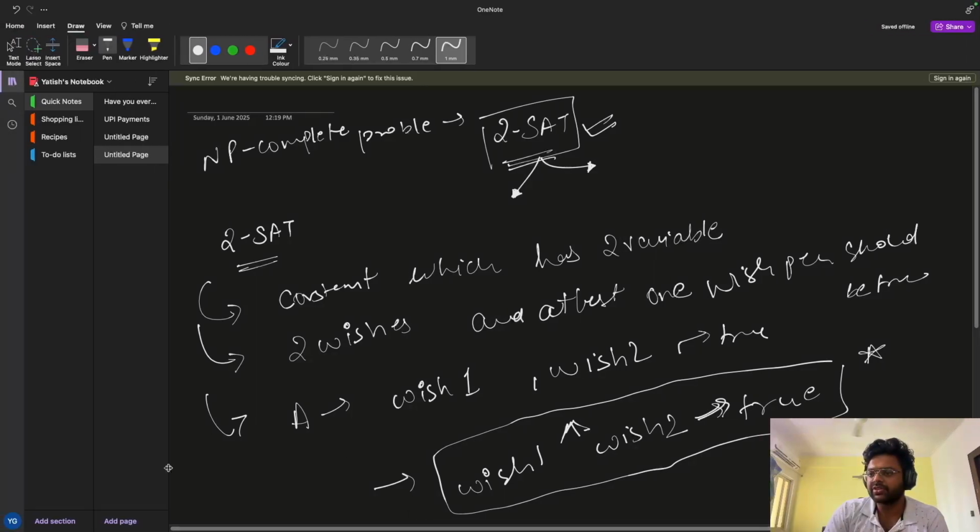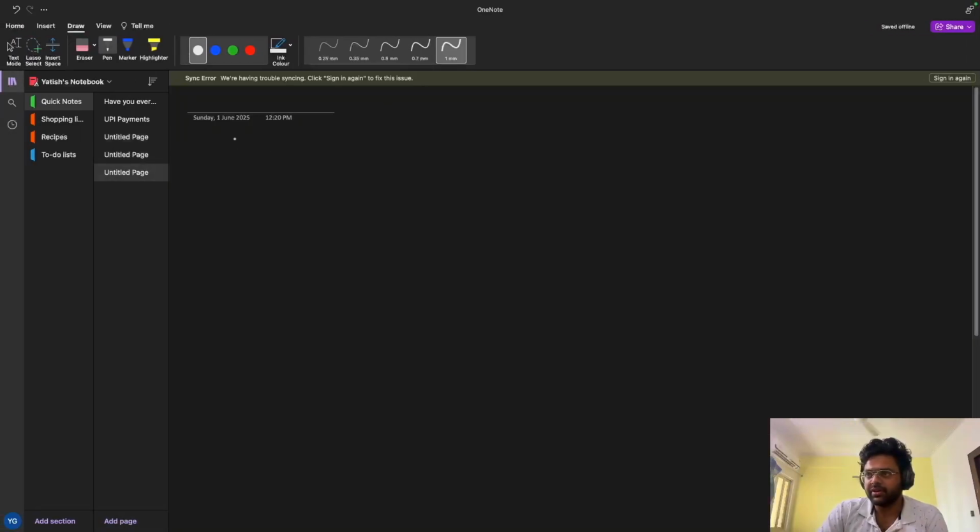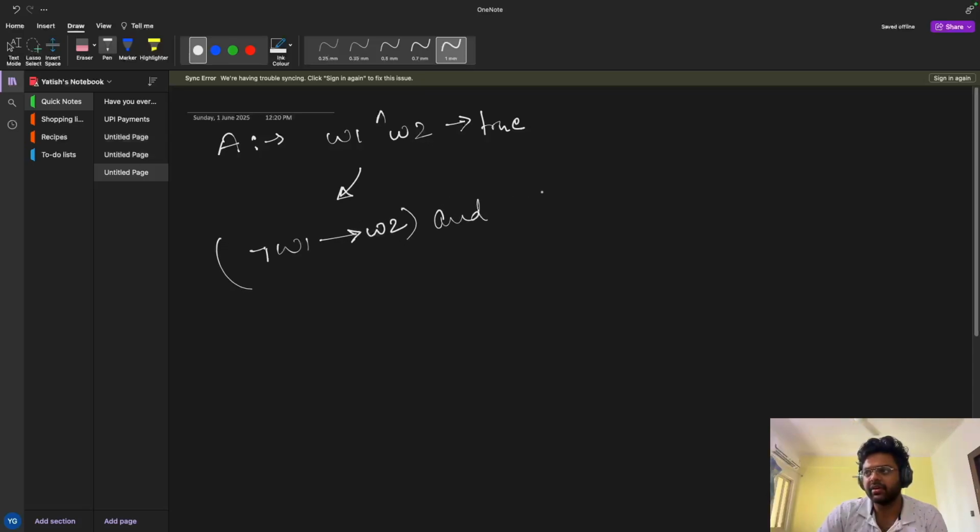So let's see how we can further analyze this. If I say for A, W1 or W2 should be true, can I further break this into: if I'm not considering W1, then I should consider W2, and if I'm considering not W2, then this implies that I should take W1.